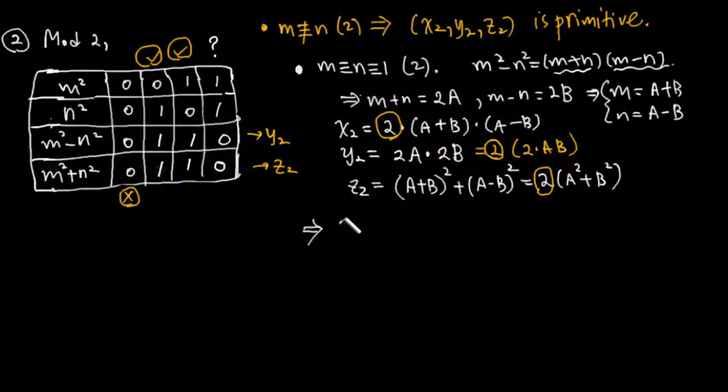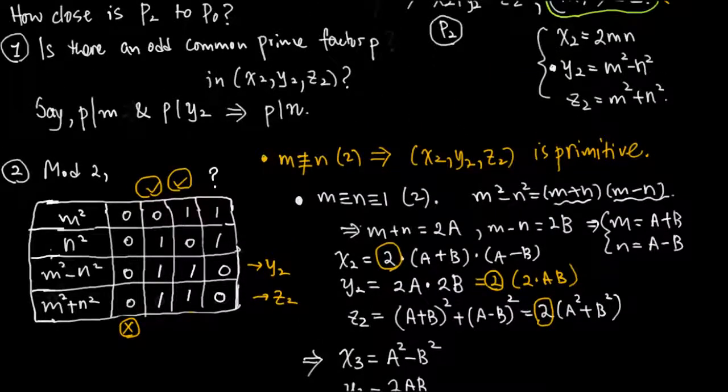I'm going to write x3, which, if you expand this one without that 2 after you cancel, is a squared minus b squared. y3 is, with that 2 canceled, 2ab, and z3 is a squared plus b squared. If you compare this with the earlier parameterization, that's exactly the same shape.